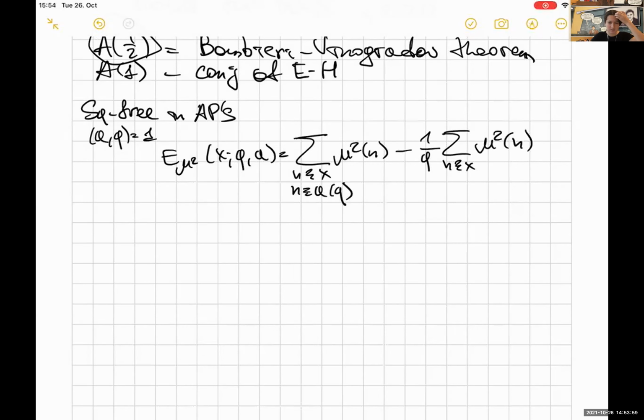Well, let me write it more precisely: 6x over pi squared q, times the product over p dividing q of 1 minus 1 over p squared, to the power minus 1. So this is the error term in the square free numbers in arithmetic progressions.